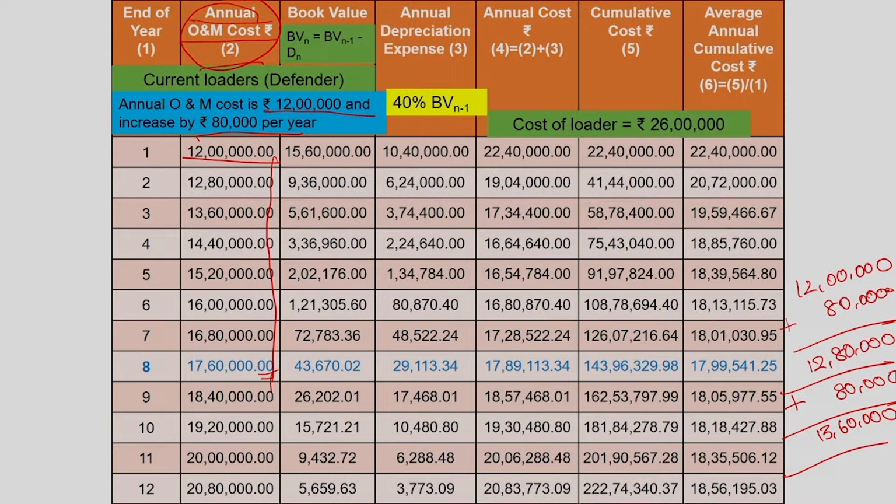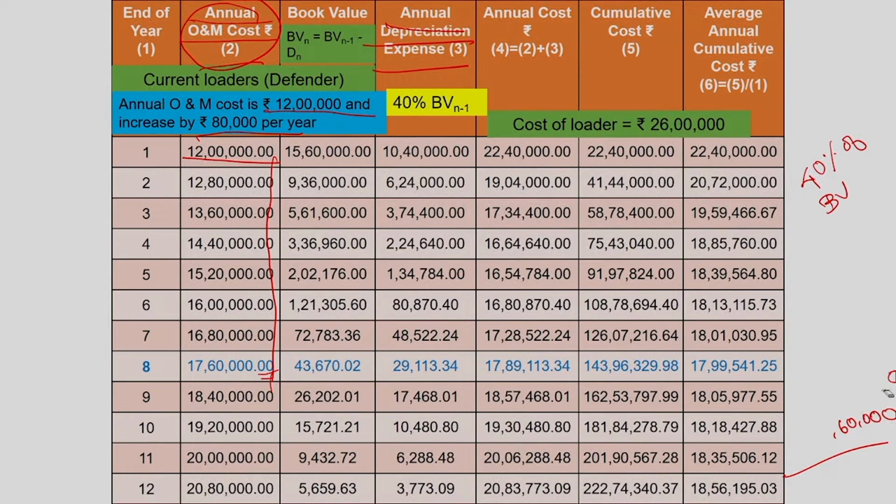Now let us calculate the depreciation associated with the machine. In this problem we are going to estimate based upon the guideline of 40% of book value. Now let us estimate the depreciation for the first year. Depreciation for the first year is nothing but 0.4 into the book value.